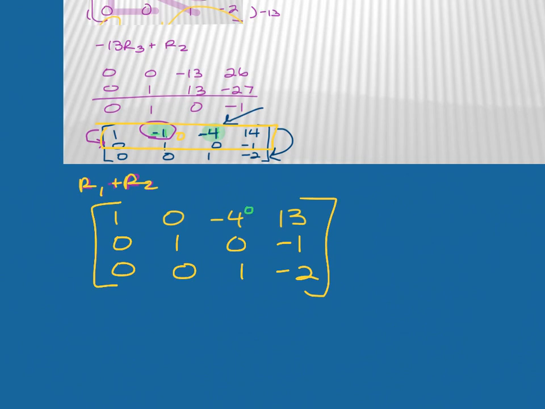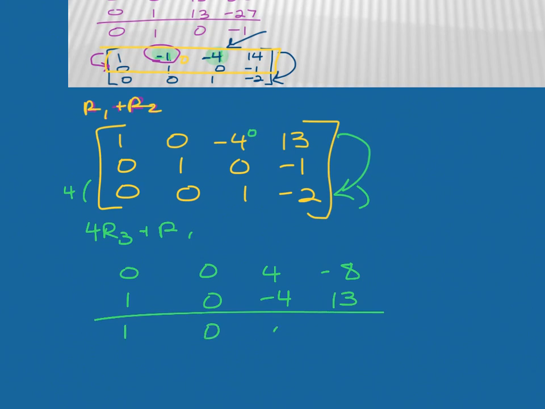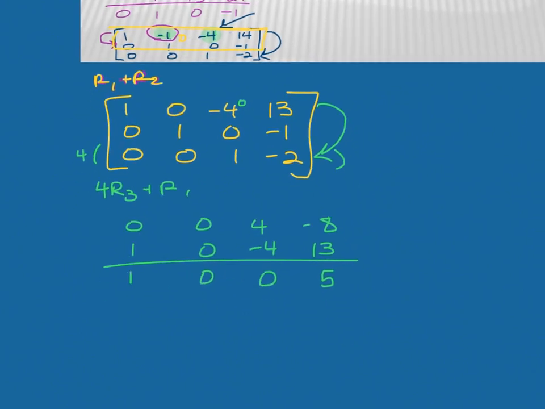Now I got to get a 0 where this guy is, and I can only do that by working with row 3. So I would do 4 times row 3 plus row 1, multiply this times 4, and I get 0, 0, 4, -8, plus 1, 0, -4, 13, and I get 1, 0, 0, 5.